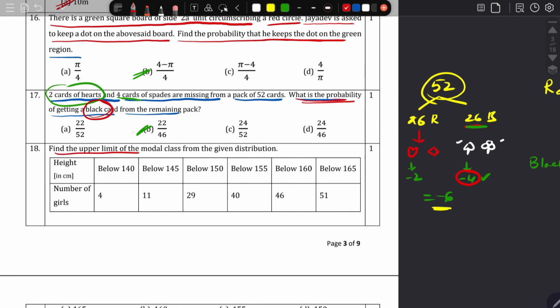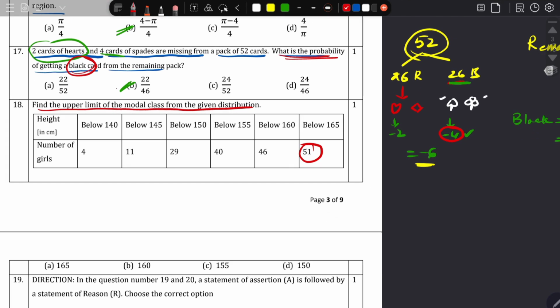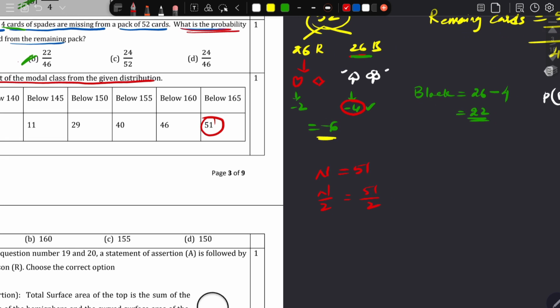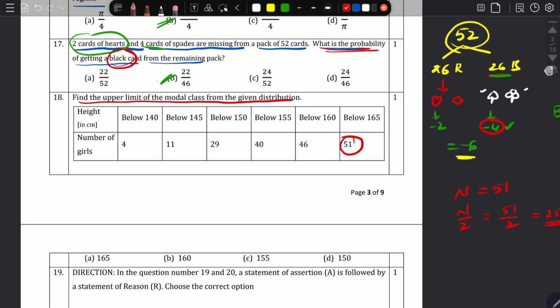Next, question number 18. Find the upper limit of the modal class from the given distribution. Given height and number of girls, the cumulative frequency is directly given, so the n value is 51. Find n by 2, which is 51 by 2, that is 25.5.